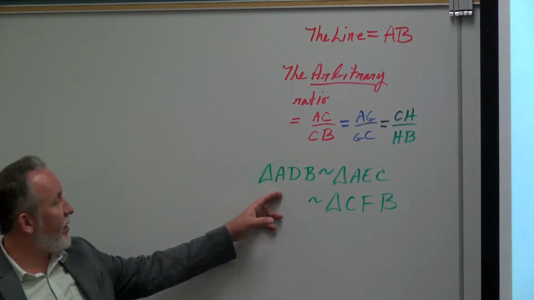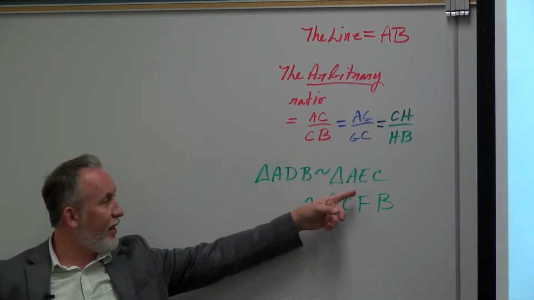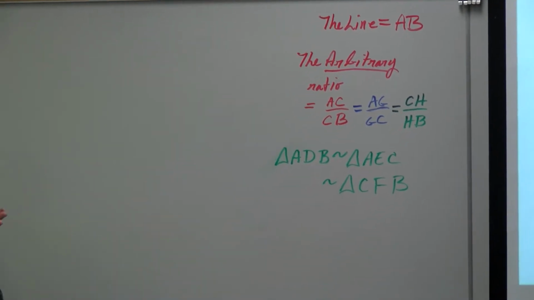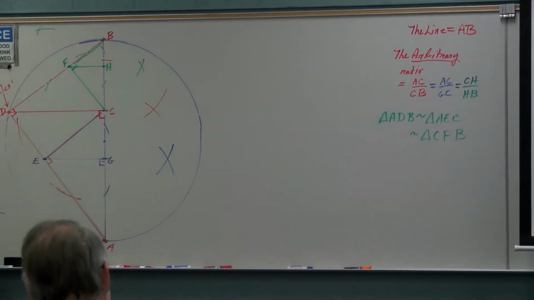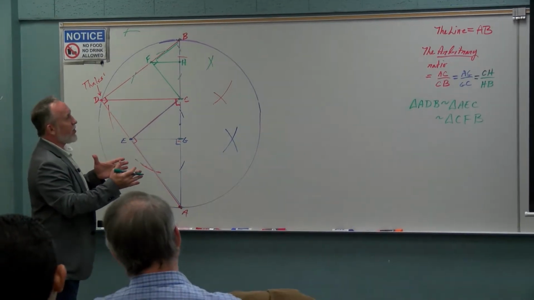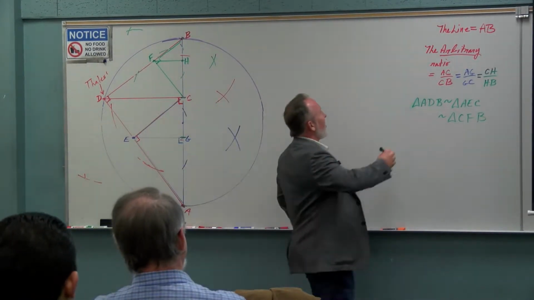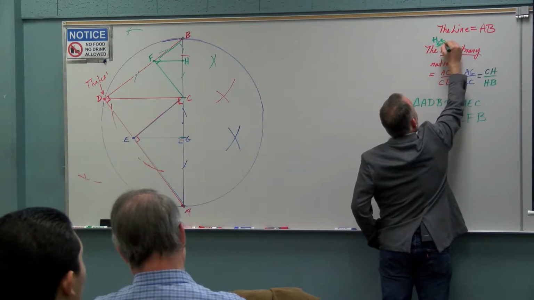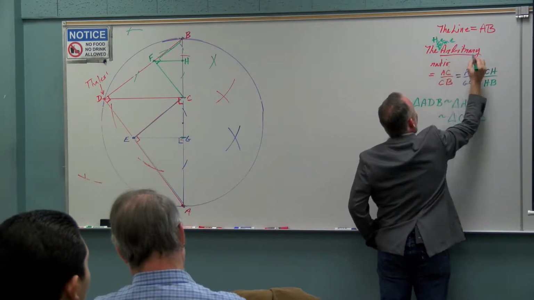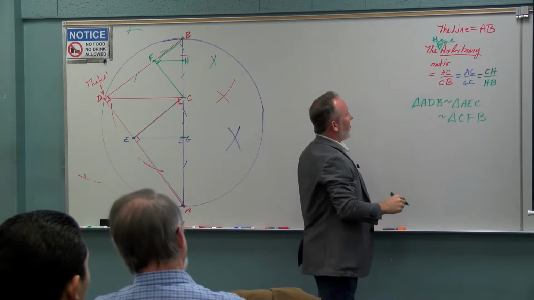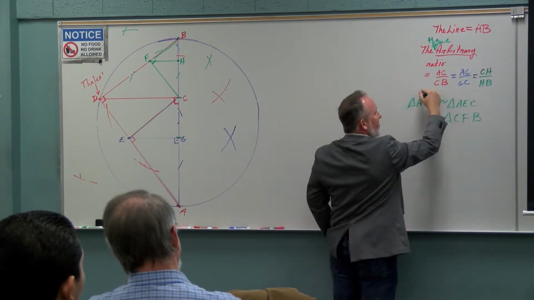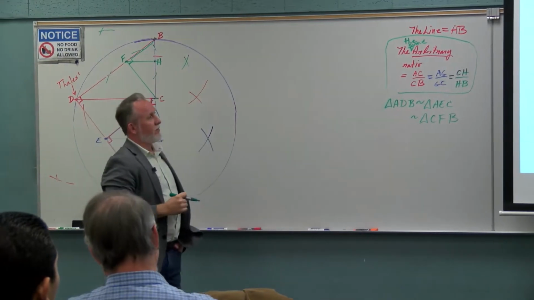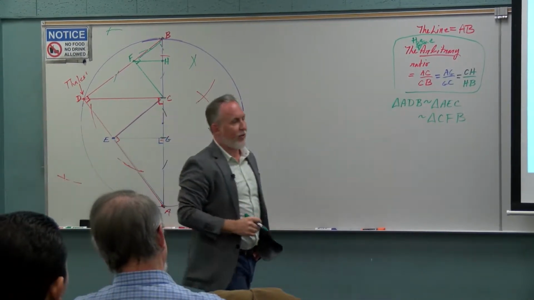So triangle ADB is similar to triangle AEC, is similar to triangle CFB. By construction, I constructed them that way. And because of the properties of similar triangles, we know that we have the same arbitrary ratio here, just as we were instructed to do.